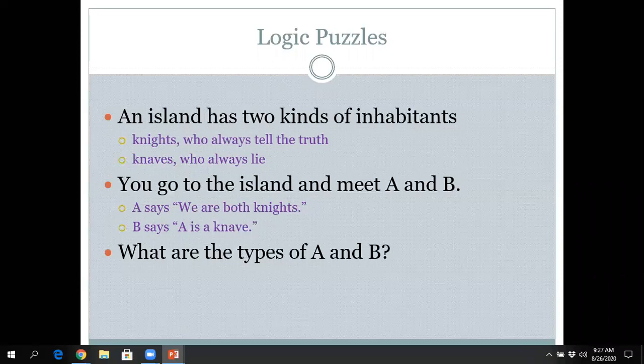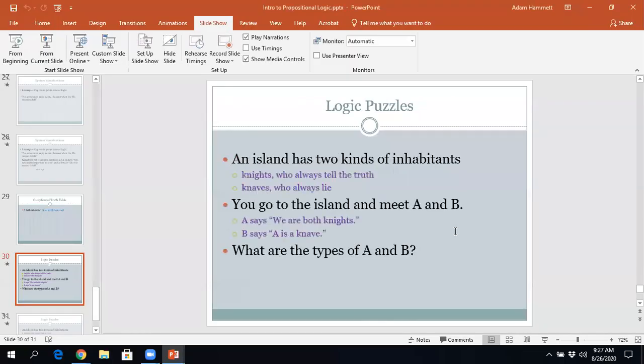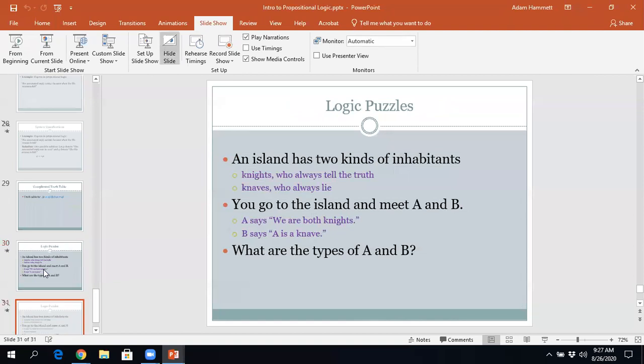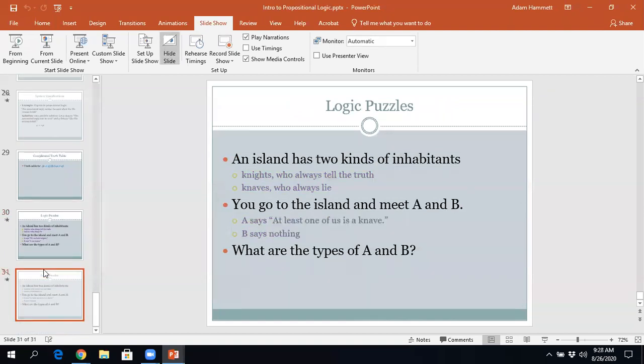Okay? There's another logic puzzle in here, but it's in the slideshow. It's a little bit trickier, but if you go onto the course webpage, I'm posting these slides, right?